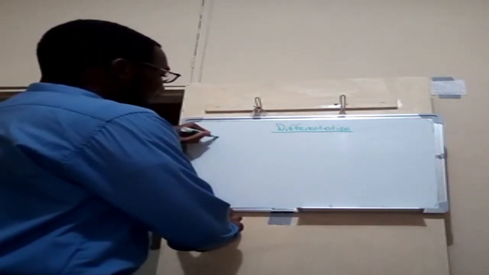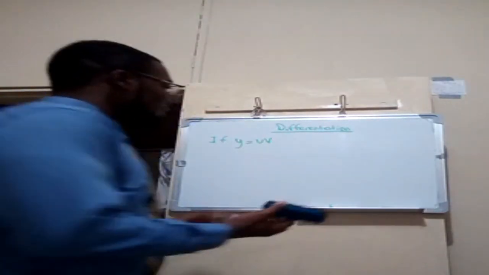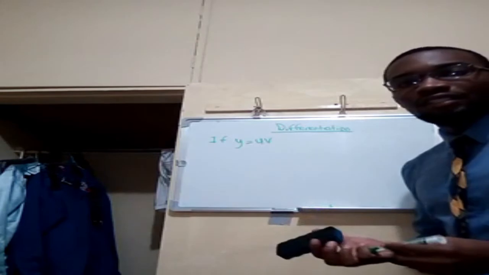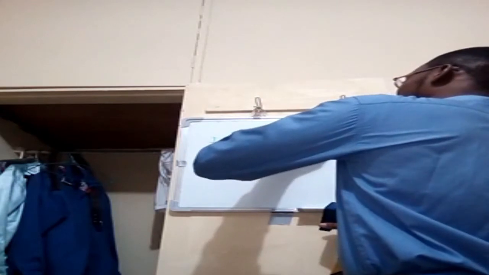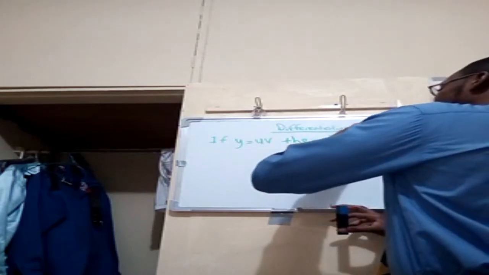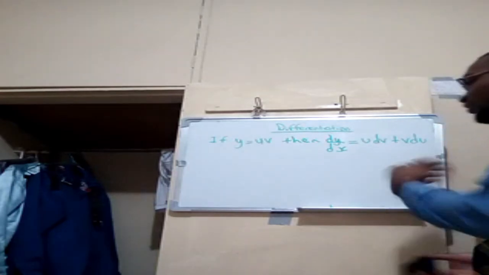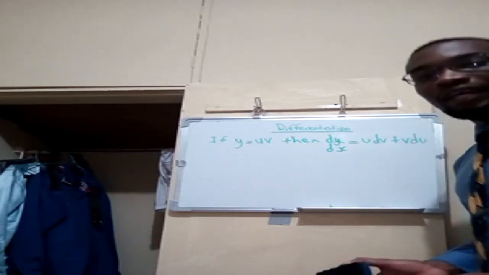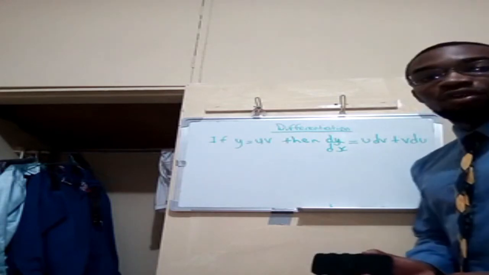So the product rule is, if y is equal to u times v, so this is u and this is v, then dy by dx is equal to u dv plus v du. That's the product rule. So whenever you're differentiating a product, if y is equal to u times v, then dy by dx is equal to u dv plus v du.